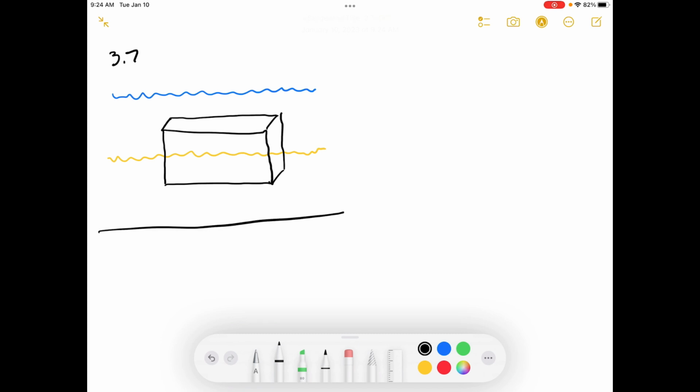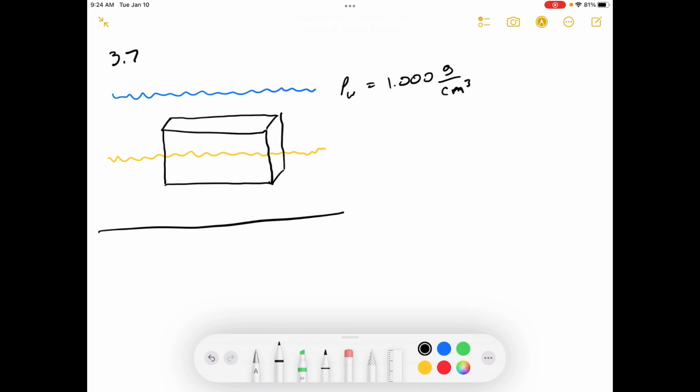Okay, so we know the density of water. So the density of the water is equal to 1.000 grams per centimeter cubed.